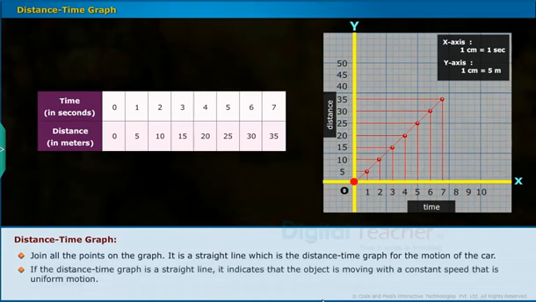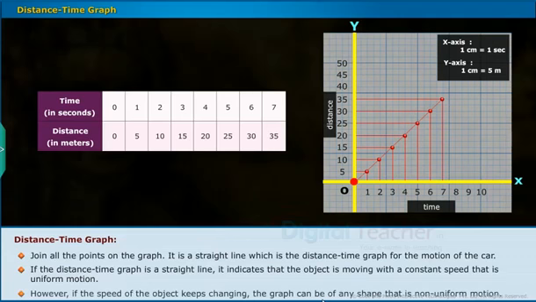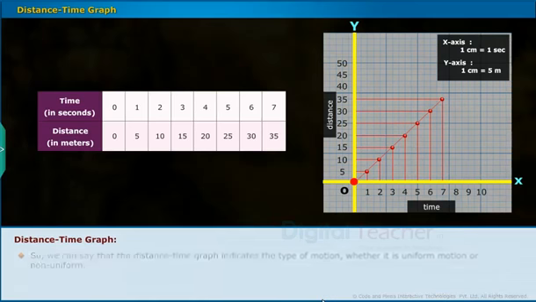If the distance time graph is a straight line, it indicates that the object is moving with a constant speed, that is, uniform motion. However, if the speed of the object keeps changing, the graph can be of any shape, that is, non-uniform motion.